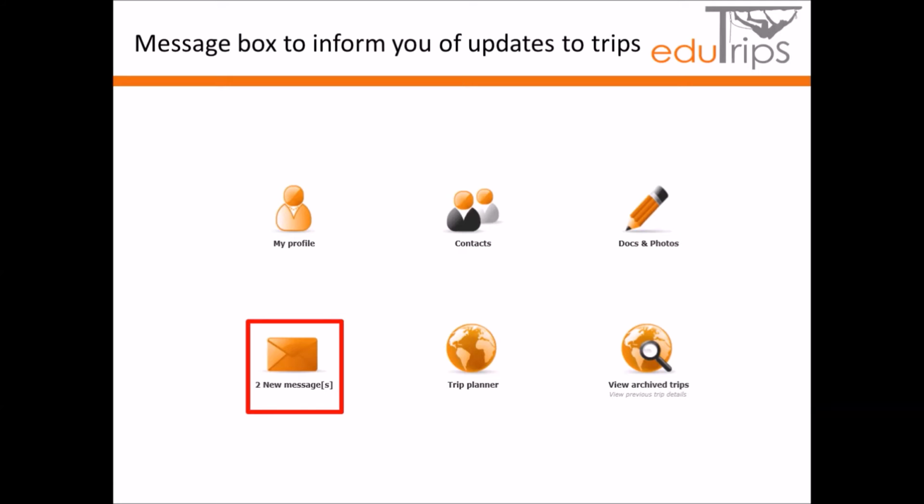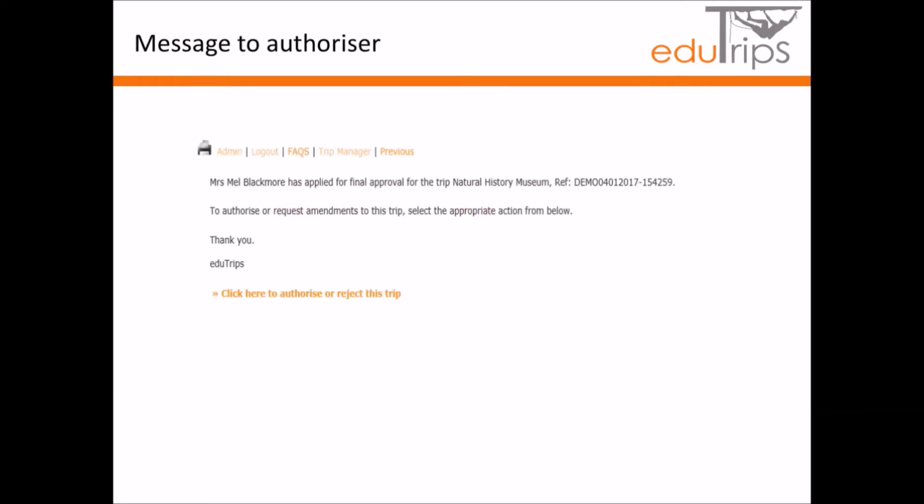However, with EduTrips, we have a simple and easy to use messaging system. So when you put in a trip request, it will send it through to the authoriser immediately, and that authoriser can then authorise the trip, or they might want to reject the trip.